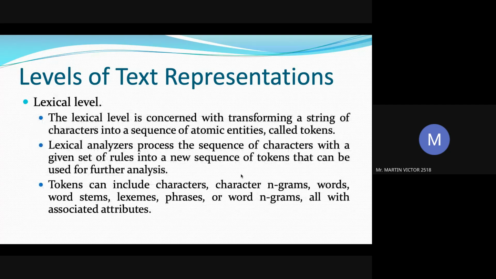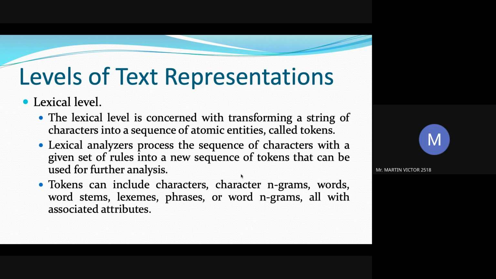Firstly, the lexical level. It is the initial level when we are about to visualize a text. This lexical level is concerned with transforming a string of characters into a sequence of tokens. Whatever string has been given in a document will be transformed into tokens.